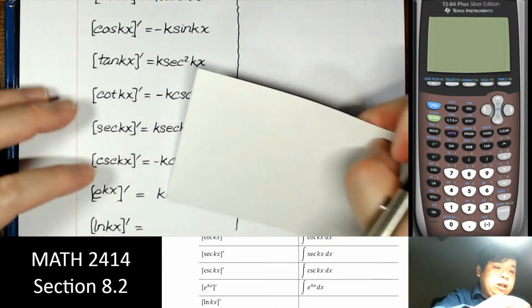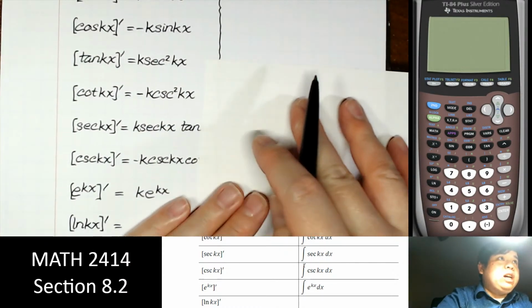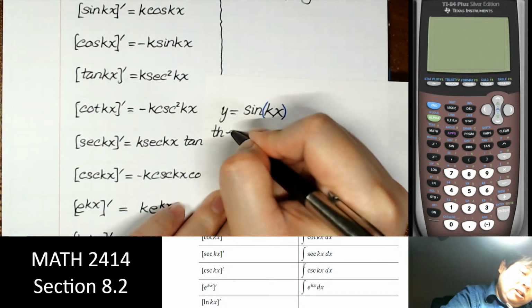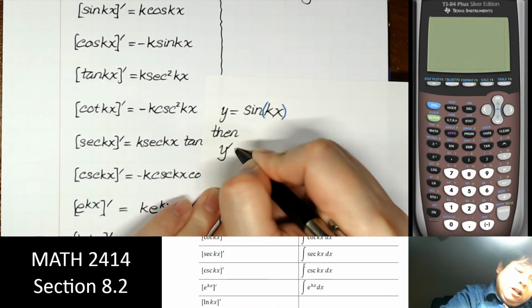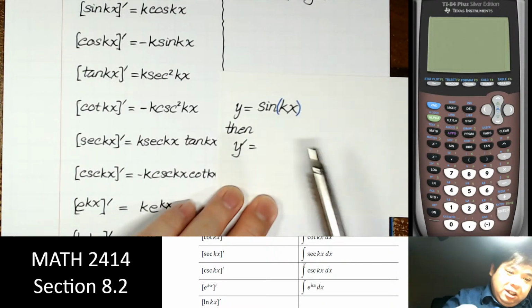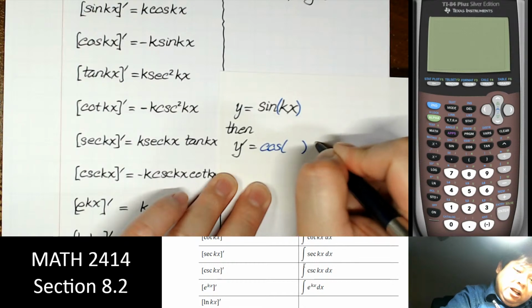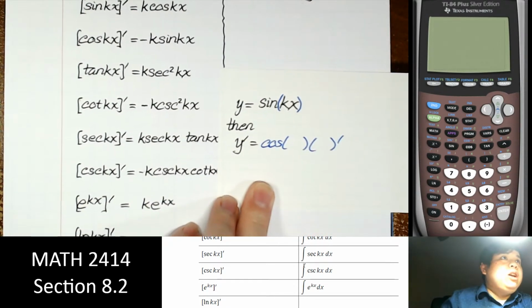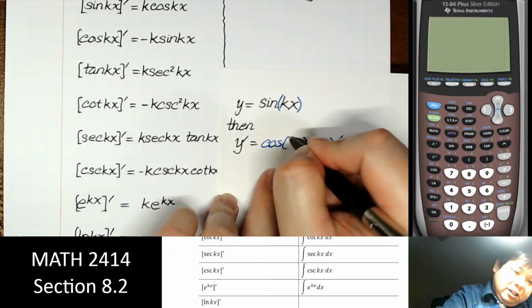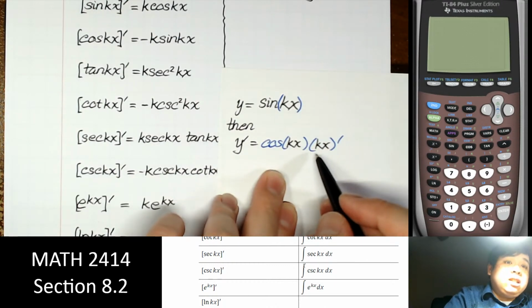So up to this point, I will say that again. By the way, what we really mean when we take the derivative of all of this, the derivative of sine is cosine of the parentheses, and then the derivative of the parentheses, and the derivative of kx is k.